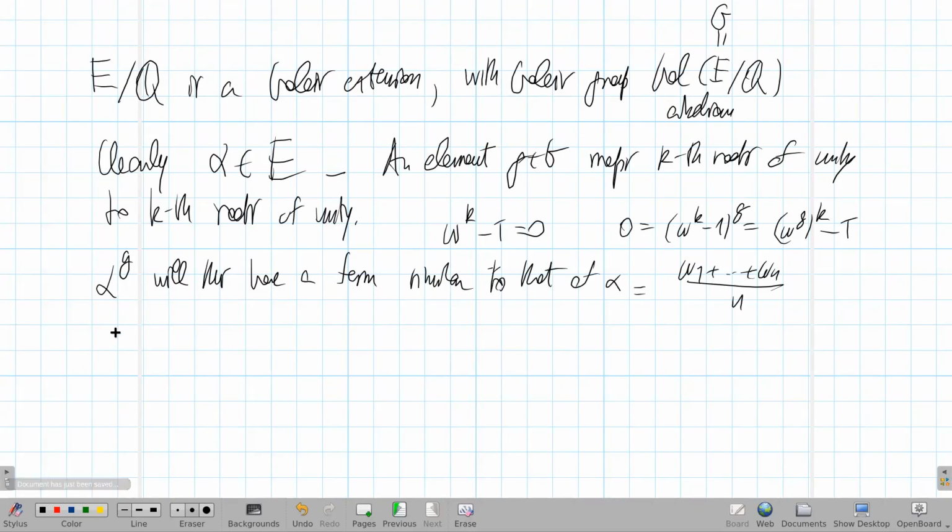Note that this is the same inequality we have just seen. If you consider the absolute value of this, it will be the absolute value of the sum over here divided by n. Of course, this is an integer, so its absolute value is itself.